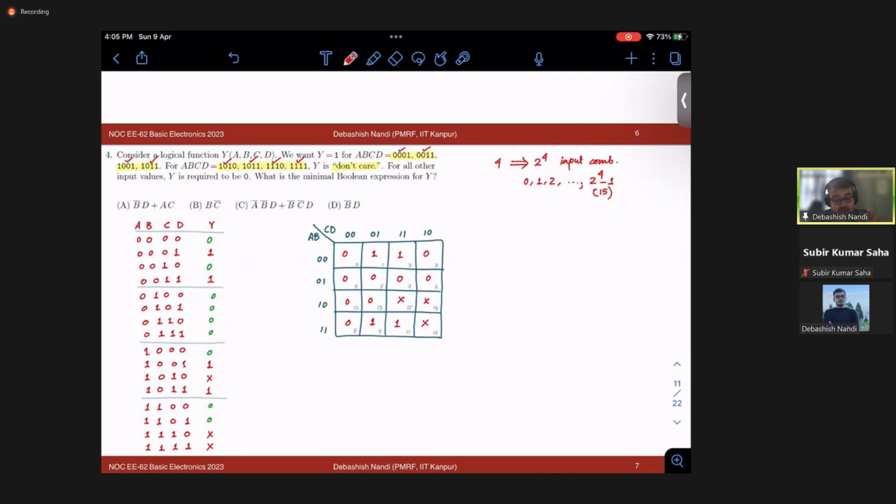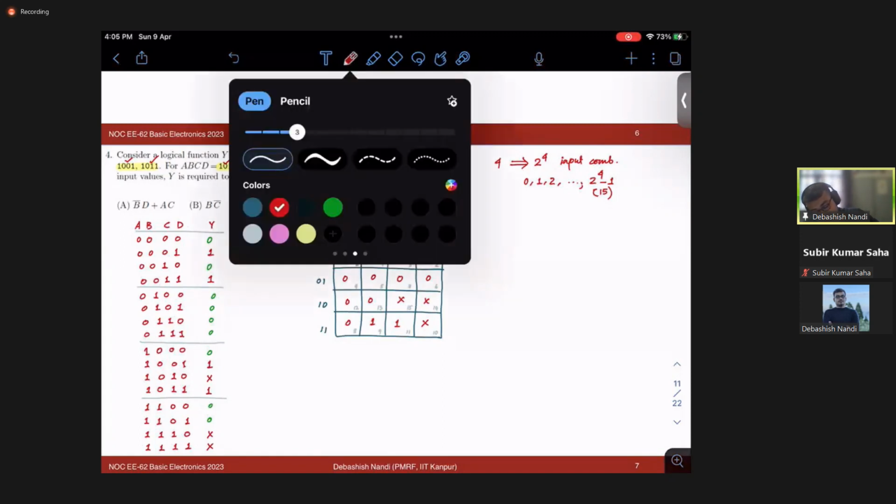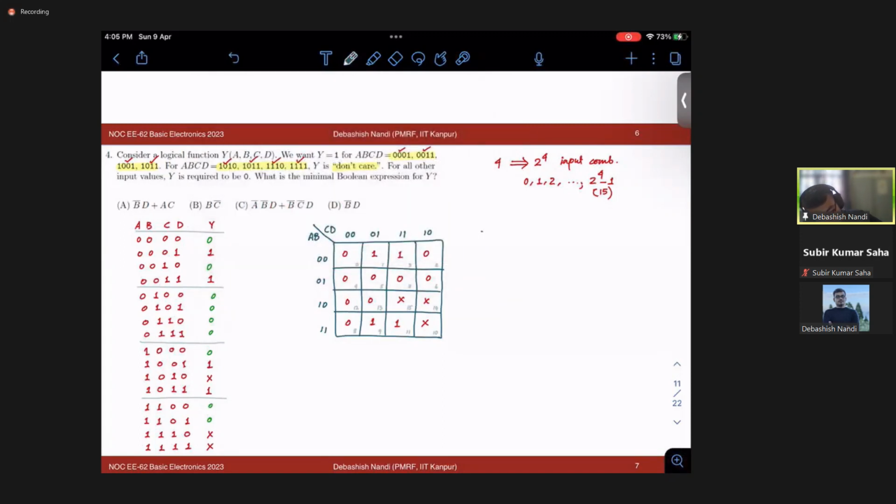You need to minimize the Boolean expression. Your answers are given in the form of sum of product, right?